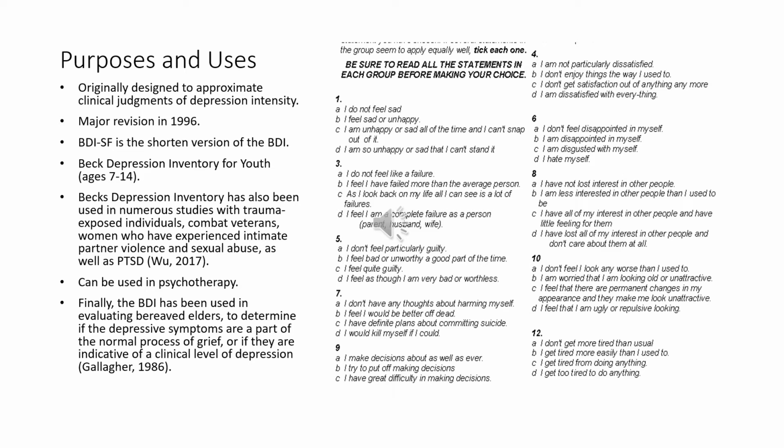The BDI was originally designed to be an inventory that approximated clinical judgments of the intensity of depression, usable mainly for research purposes. It was originated in 1961 and revised in 1996 to be more consistent with the criteria for depression as outlined in the DSM-4.